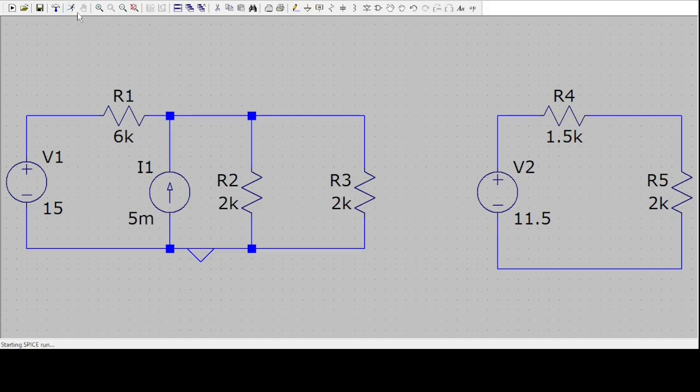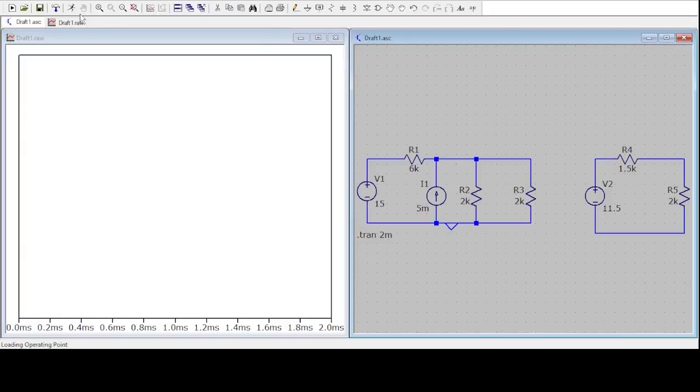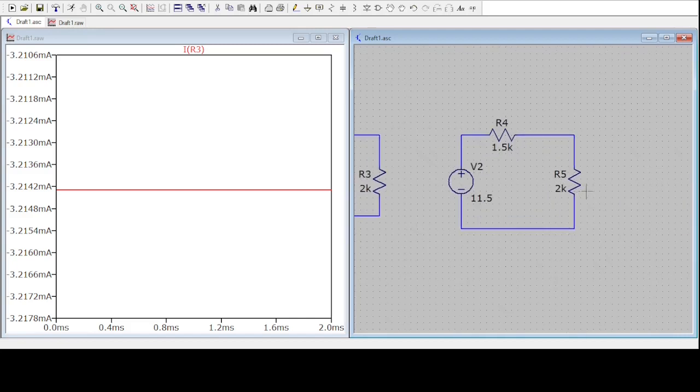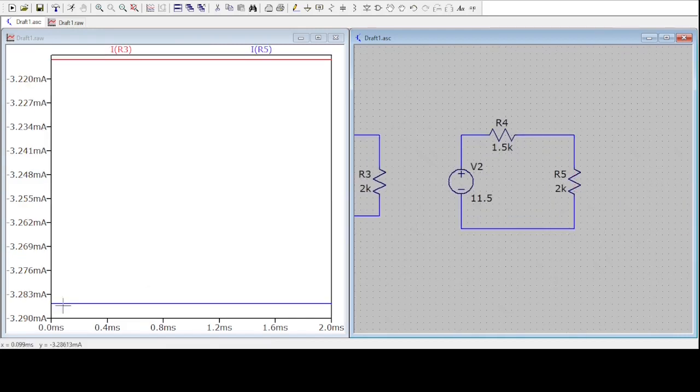So let's run the simulation, and I'll probe the current through this resistor. It is showing 3.21 milliampere in the original circuit. Let's see what is happening in the Thevenin's equivalent circuit. R5 shows 3.28. So they are pretty close to each other. So we have verified the problem that we just solved. Thank you for watching.